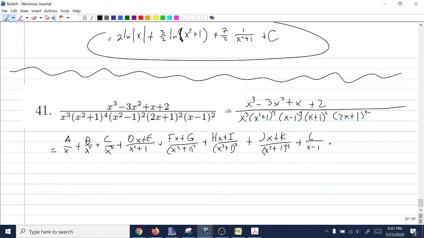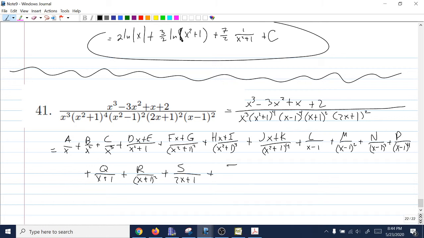L over x minus 1, M over x minus 1 squared, N over x minus 1 cubed. I'm skipping O because it looks too much like 0. P over x minus 1 to the 4th. Q over x plus 1, R over x plus 1 squared, S over 2x plus 1, T over 2x plus 1 squared. That's it? That's it.